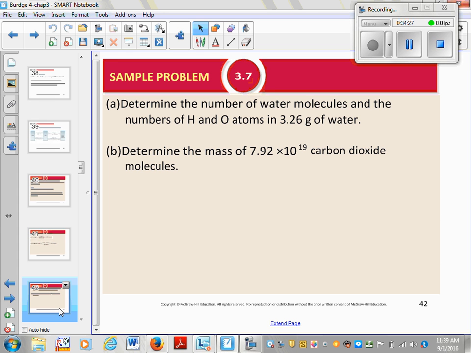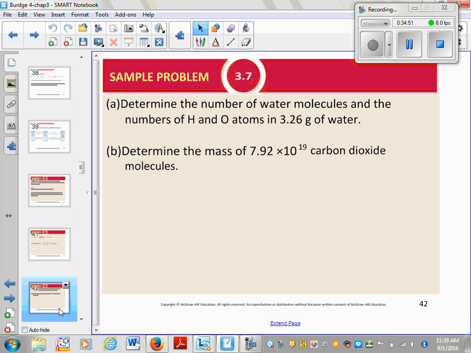So I start with 3.26 grams of water. I want to know how many molecules of water. Well, you can see by my map, and that's why I like this one, because it's more obvious on this one than it is in the one in the books.